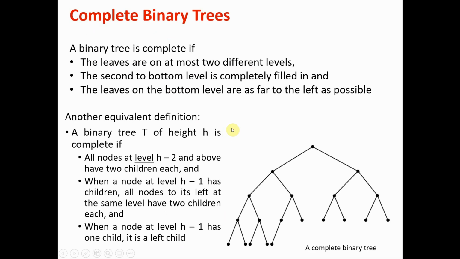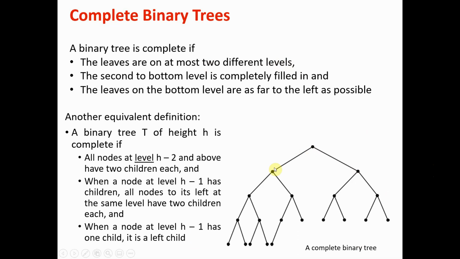full binary trees. A complete binary tree is a binary tree where the leaves are at most on 2 different levels. So for example, let's look at this one.